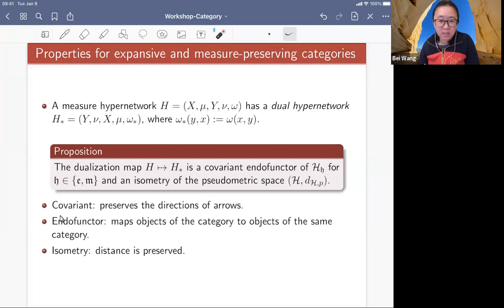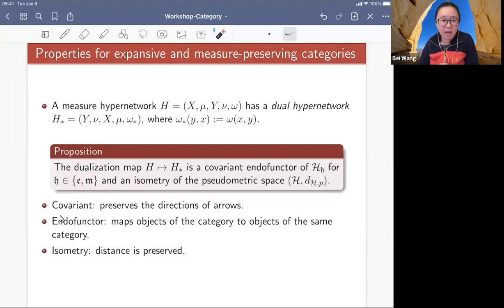The first thing you can study is that if I take the dual map from a hypernetwork to its dual, then this specific map is a covariant endofunctor for both the expansive and measure preserving categories, and is also an isometry.